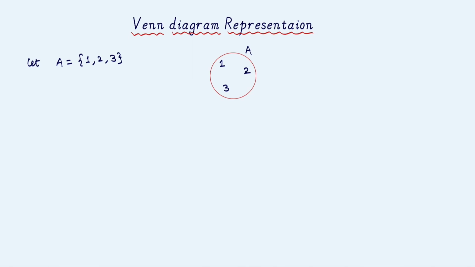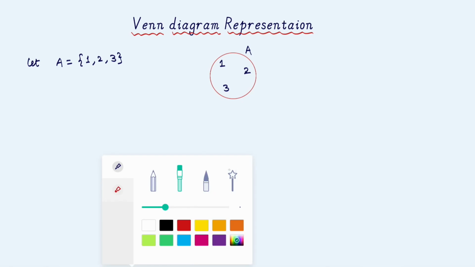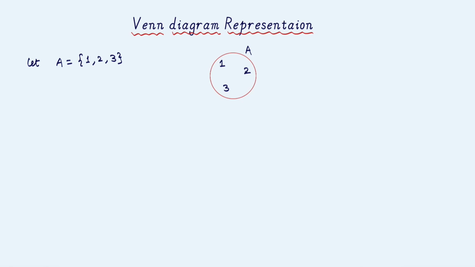Suppose we have two or more sets, how do we represent them? Let us take two sets together. Let A be P, Q, R, S, and B be R, S, T, U. How do we represent these two by using a Venn diagram?